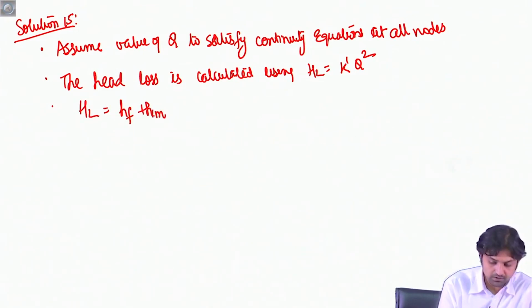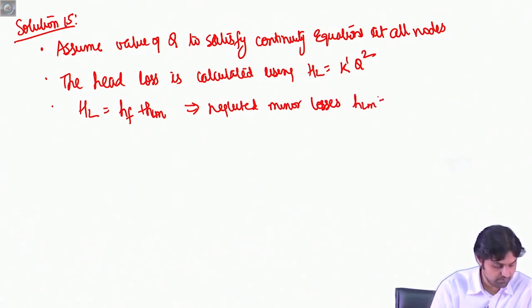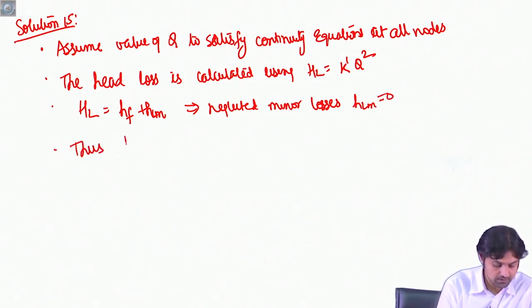In the current case, we have neglected minor losses. I am talking in general. So, HLM is 0. Thus, head loss is only HF, the major losses due to friction.